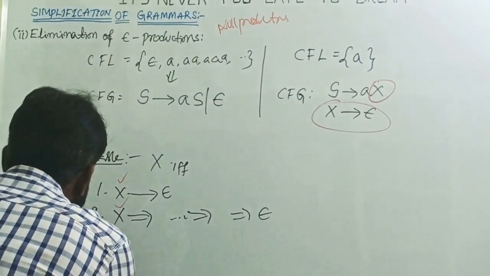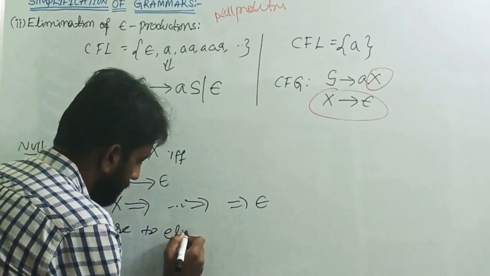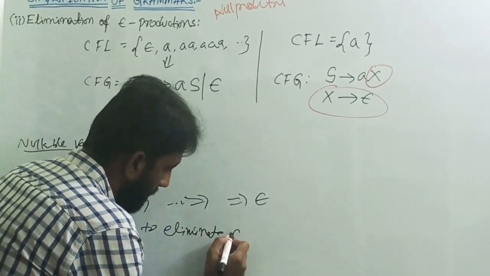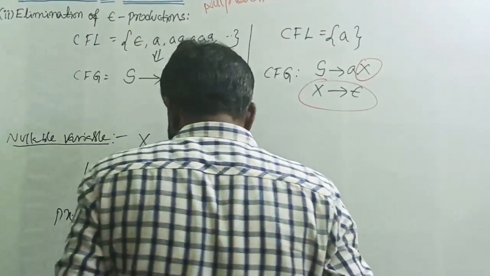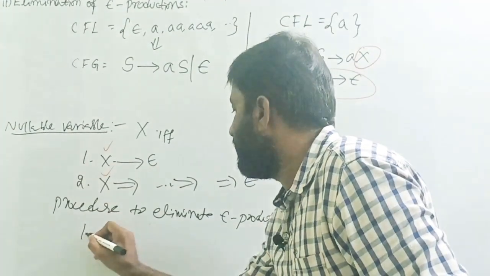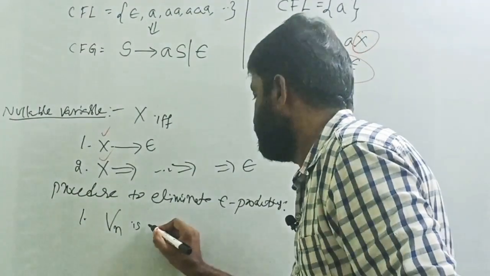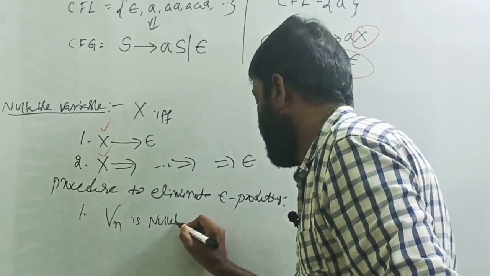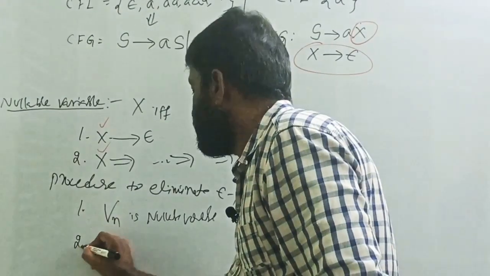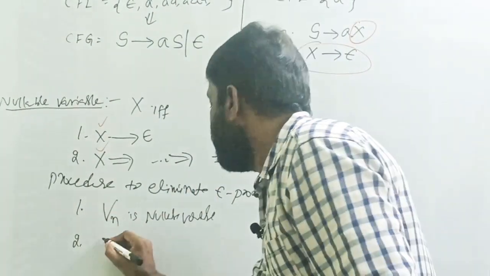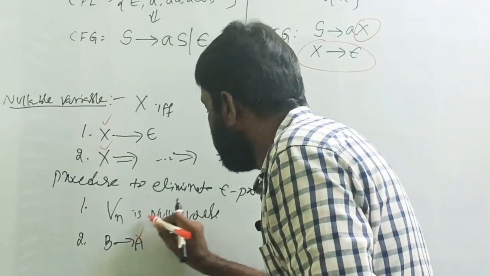The procedure to eliminate epsilon productions: the first step is to identify the nullable variables Vn. The second step: let's say I have a production like B tends to A, and let's assume A is a nullable variable.